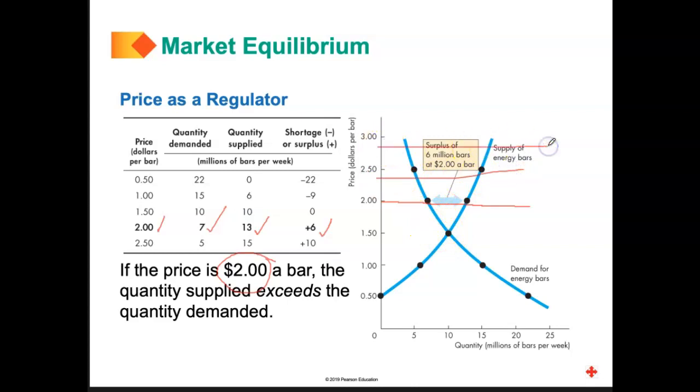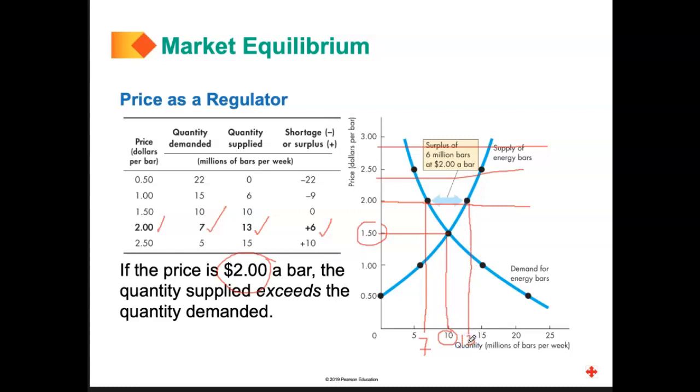Remember, our equilibrium point is where supply intersects demand, and we have the price at 150 and the quantity at 10. In this case, our quantity demanded is 7, sorry about that, and our quantity supplied is 13.